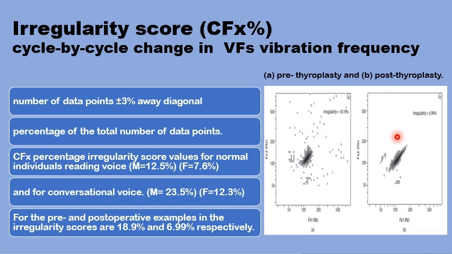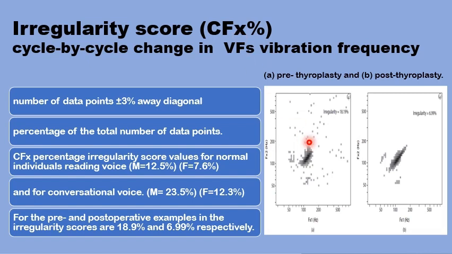Things got better after a thyroplasty operation, and now most of the dots are aligned along the diagonal line in here. So the number of dots that are away from the diagonal line by more than or less than 3% would be counted against the total number of the dots to give the irregularity score percentage.